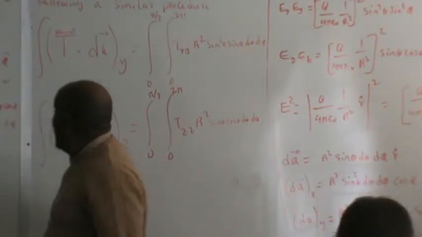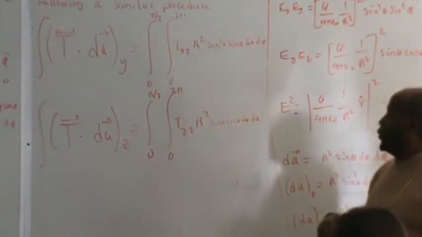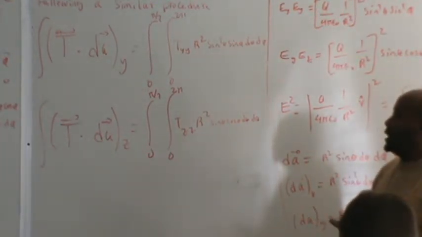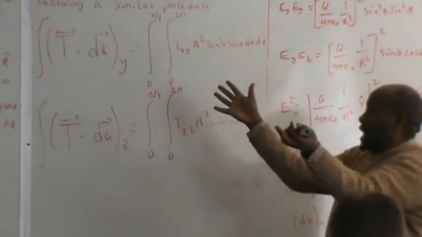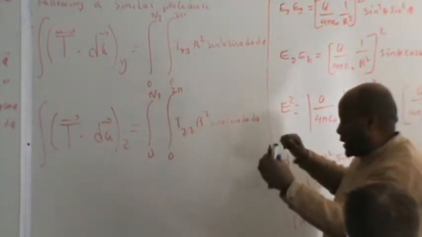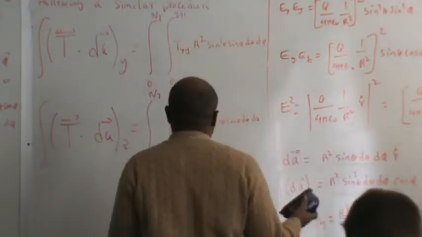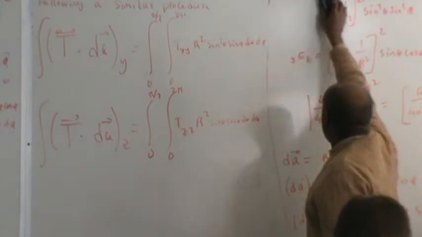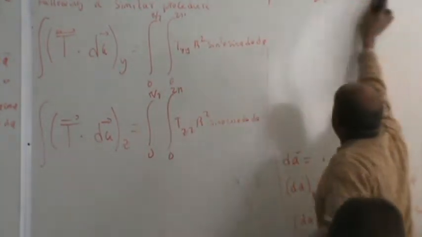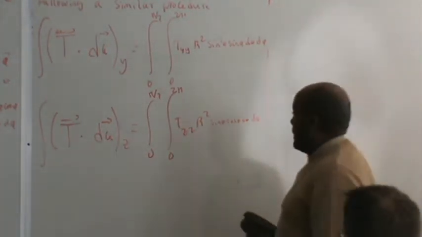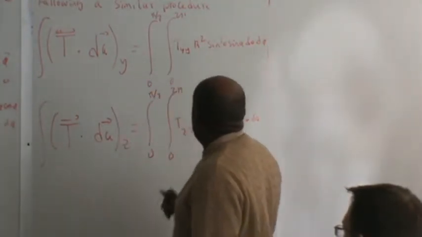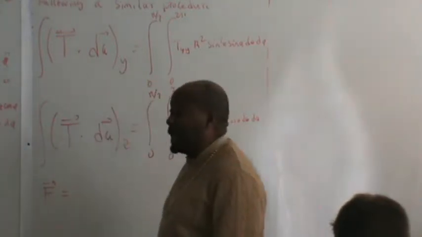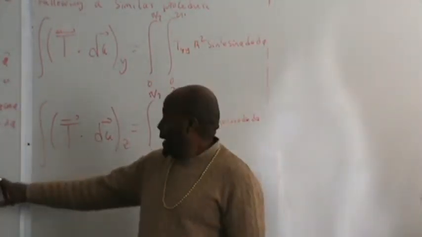So you can go through the algebra, and you can show that when you do the integration over the entire surface and look at the entire term for the force, what you would end up for the force is going to be F, with the x component given by that.